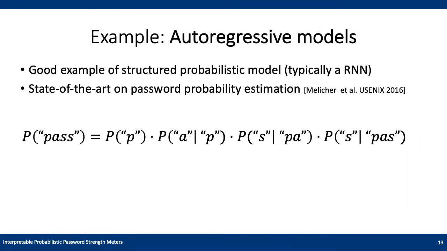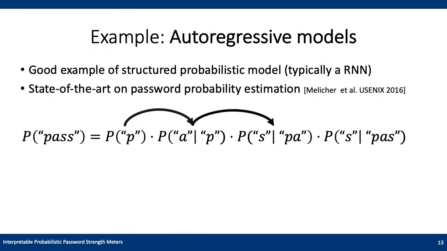To make this concept clear, let's consider an example. A very good example of structured probabilistic model is an autoregressive model. This class of models appears very often in machine learning, usually under the form of recurrent neural networks. These are generally applied on data sequences, such as passwords.